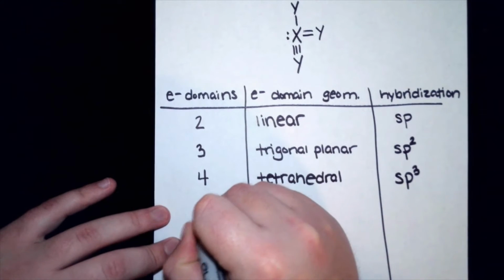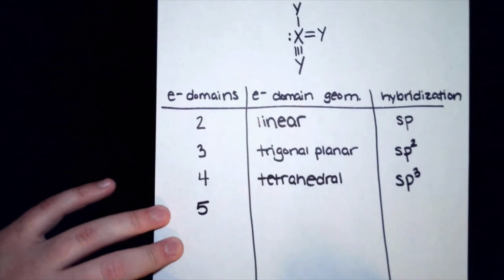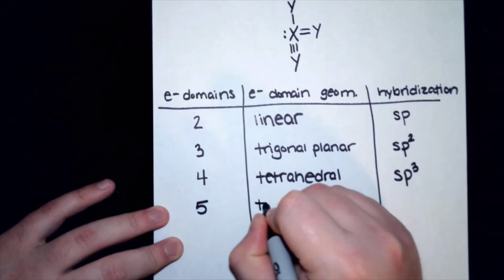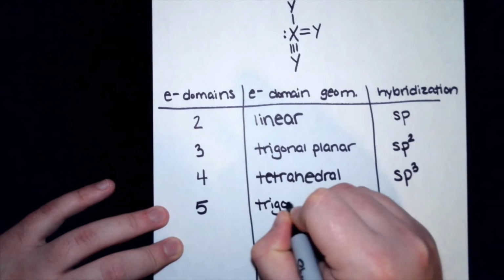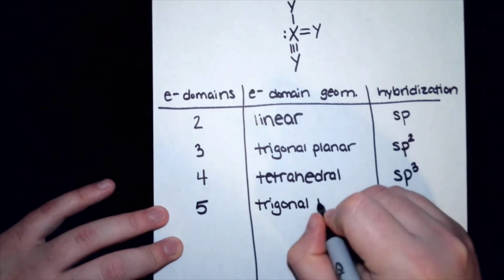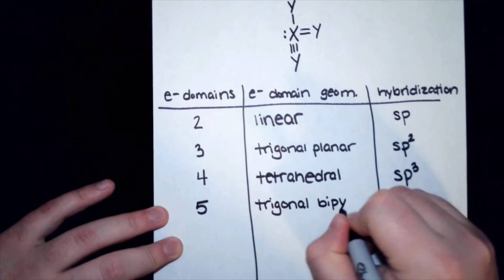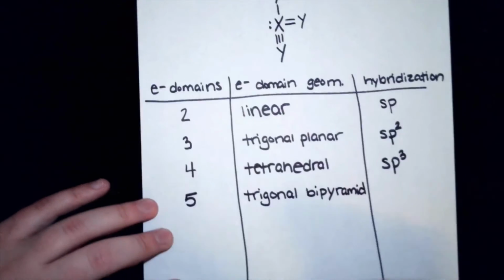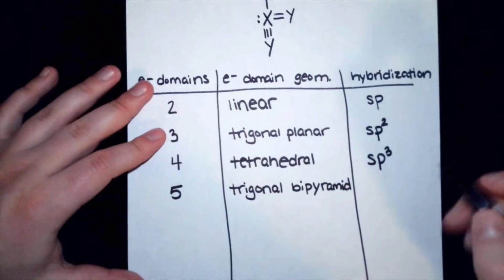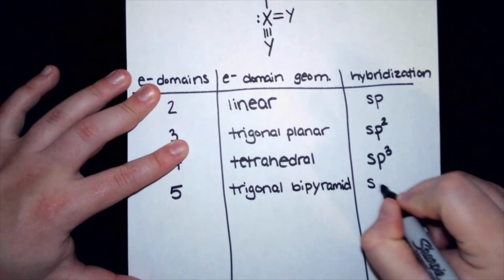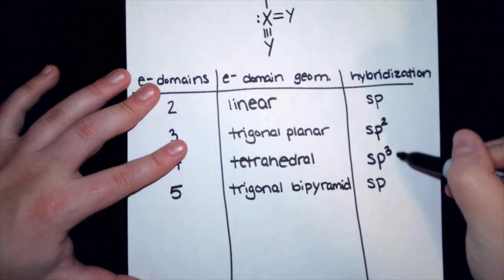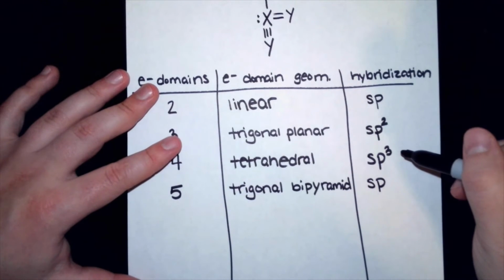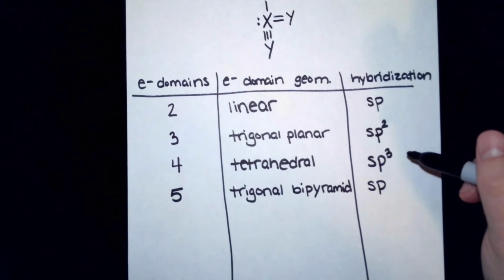Keep going. 5 electron domains. We have an electron domain geometry of trigonal bipyramidal. Ran out of room a little bit there, but you get the picture. We can keep going with sp, but here's the thing: there are only 3 orbitals in a p subshell, right?